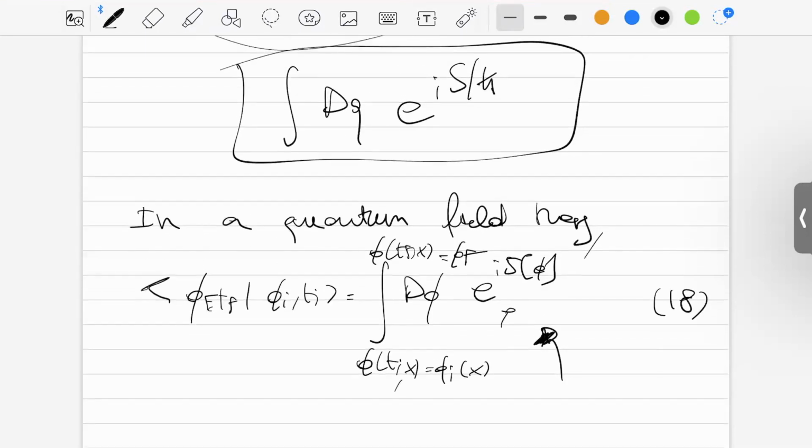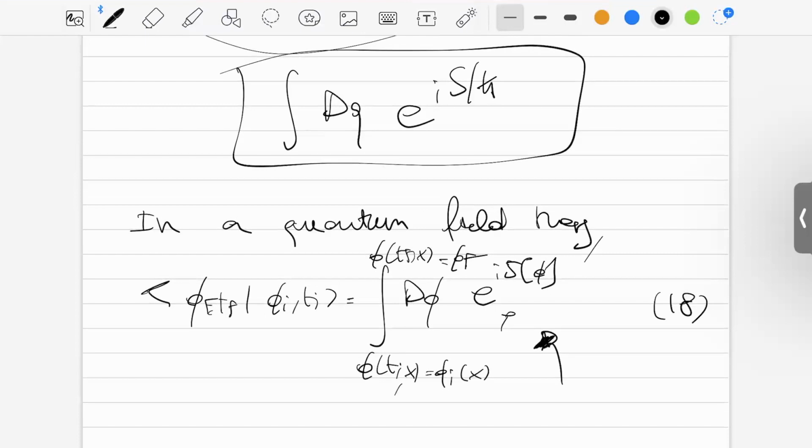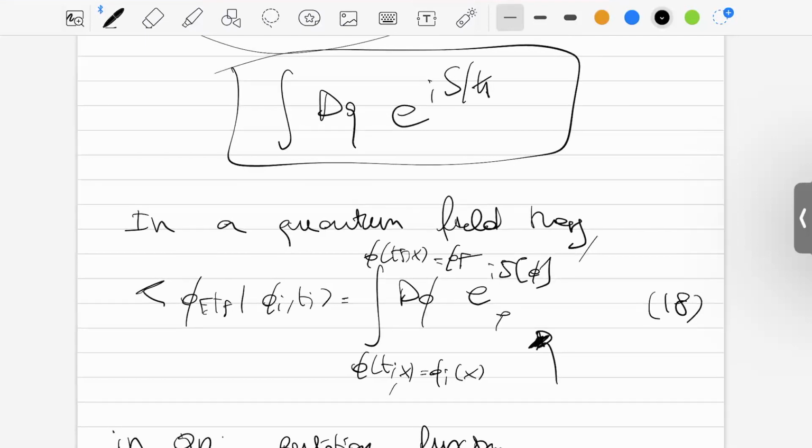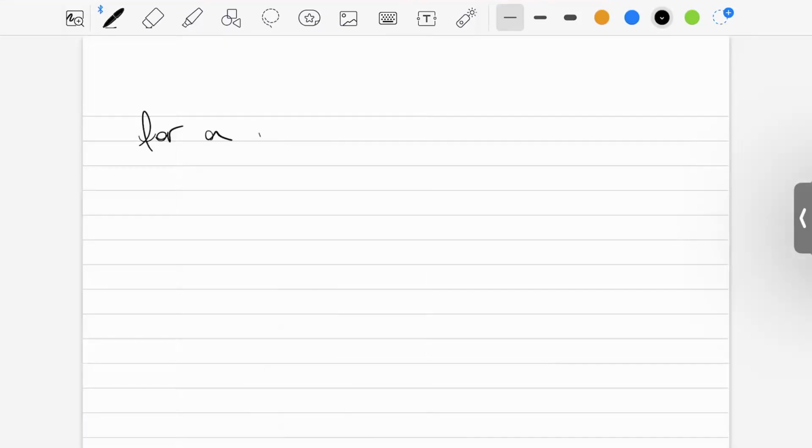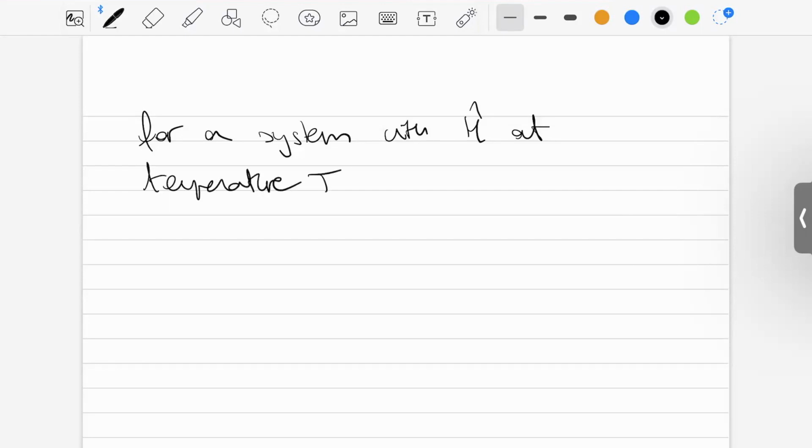Now, in quantum mechanics, there is also the notion of partition function. So for a system with Hamiltonian H at a temperature T, which I also write as beta to the minus 1, the partition function is usually defined as the trace of the exponential.